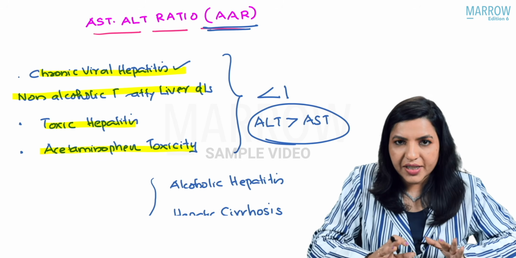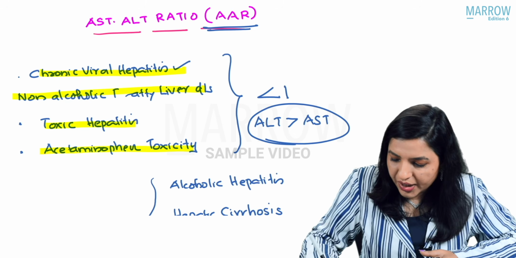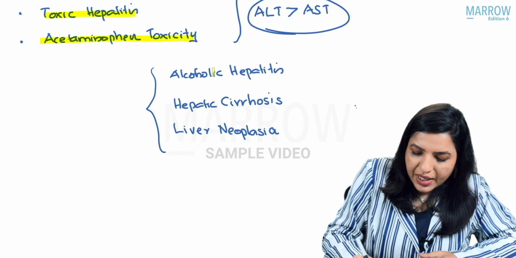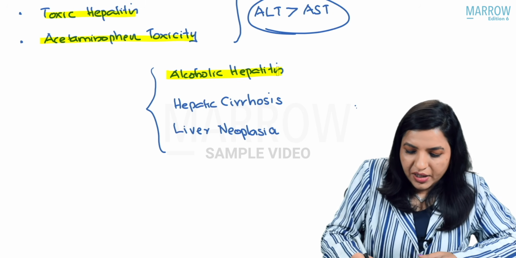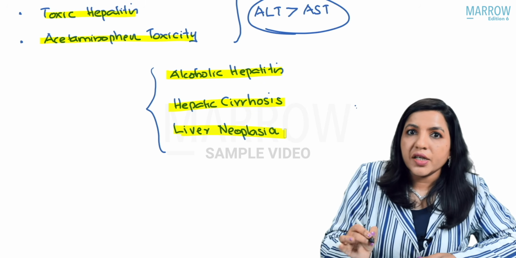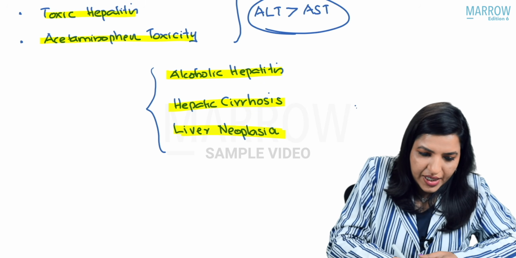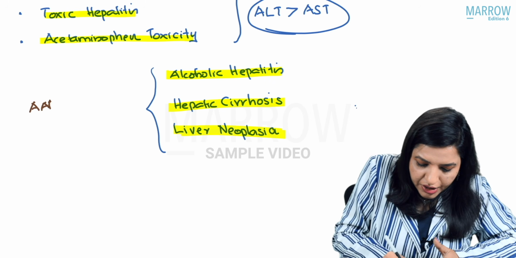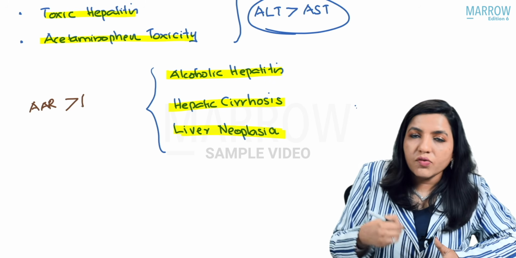What will you see in disorders like alcoholic hepatitis, hepatic cirrhosis, and liver neoplasia? In all these cases, the AST-ALT ratio is more than 1. Why?